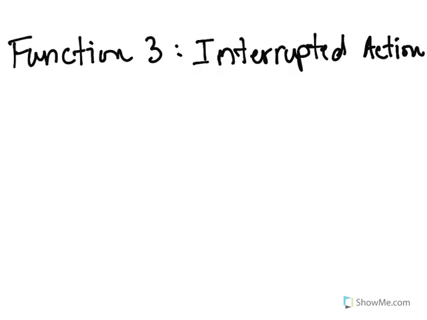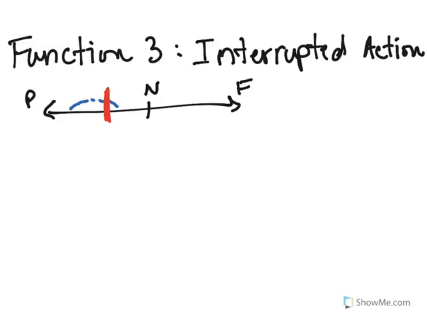The last way that we would use past progressive is to talk about an interrupted action. So again, we'll have a little timeline here with the past and now and the future. So here's my ongoing action. Then at some point in the past, another action stops my action. That's what interrupt means.